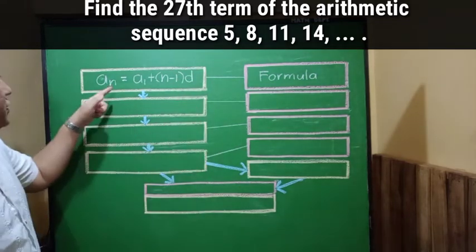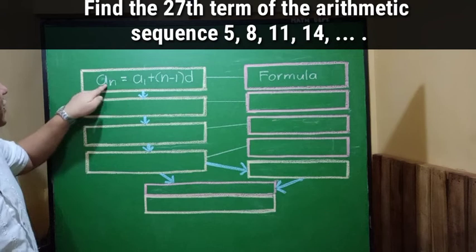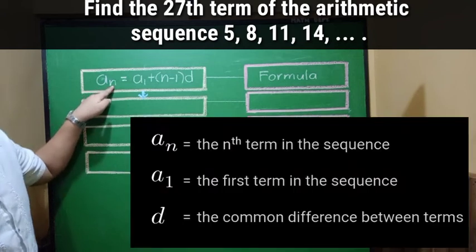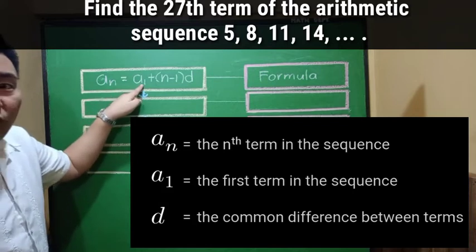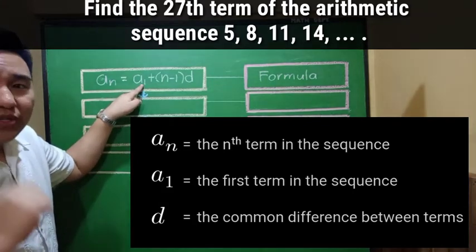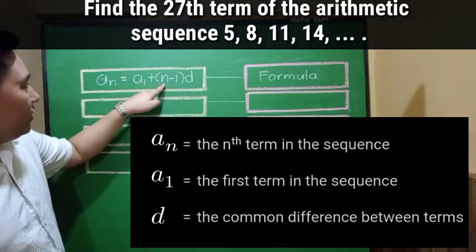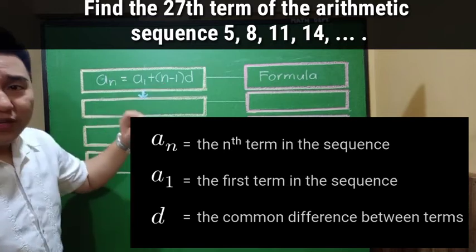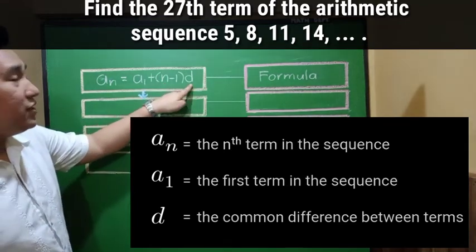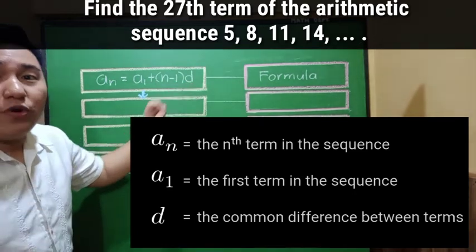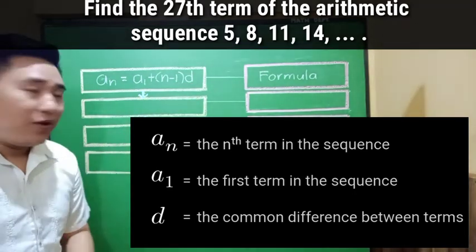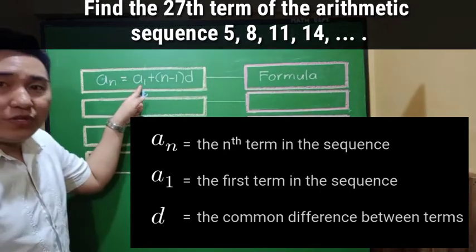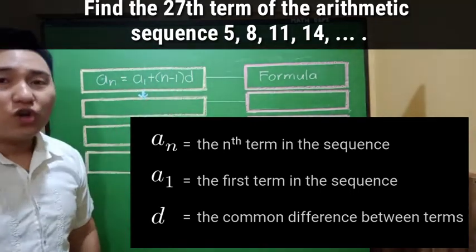This is the formula wherein a sub n stands for the nth term that we need to find. A sub 1 is the first term. The n is the given term number. Then d stands for the common difference.